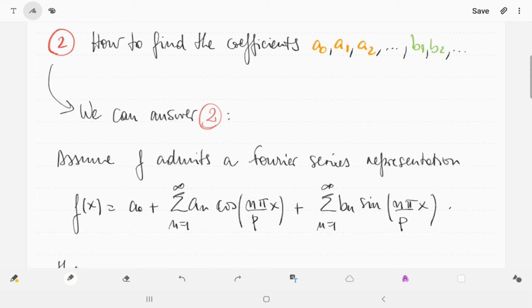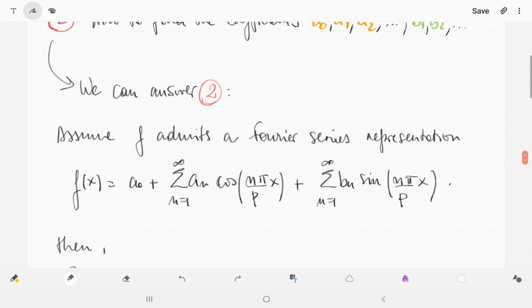So we are writing f as a number times the function 1, plus a number times the first cosine, plus another number times the second cosine, and so on, and the same with the sine functions. So it's an infinite linear combination of that family that we introduced at the beginning of this part of the lecture.